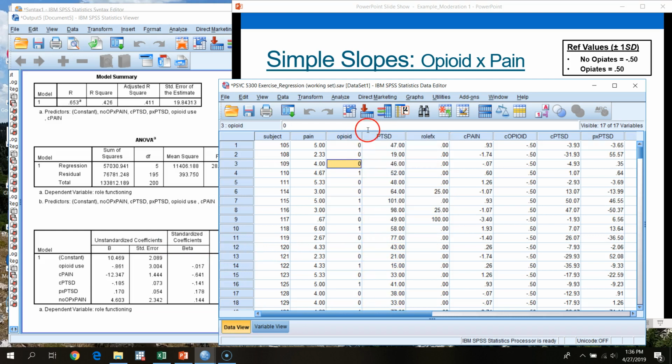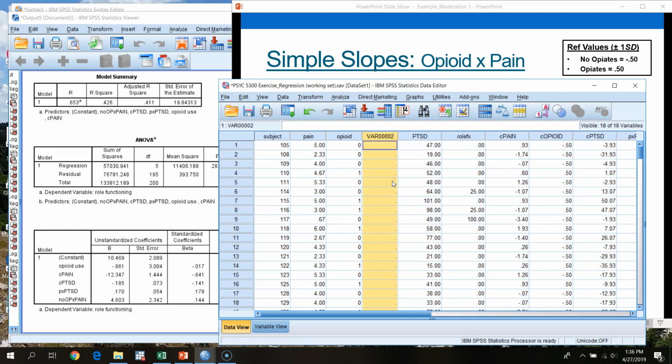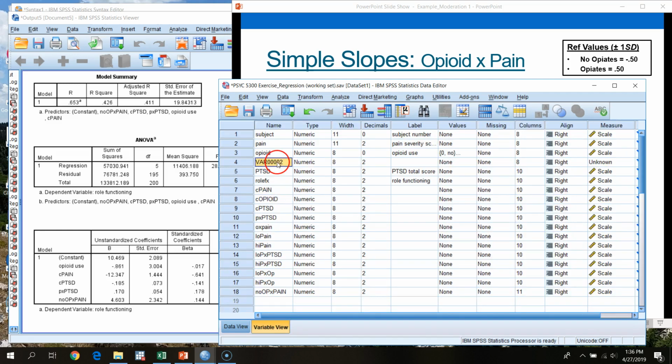What I'm going to do is go to my data set, and I'm going to insert a variable, and I'm going to call this variable opioid R. This is going to be my reverse code for opiate use.